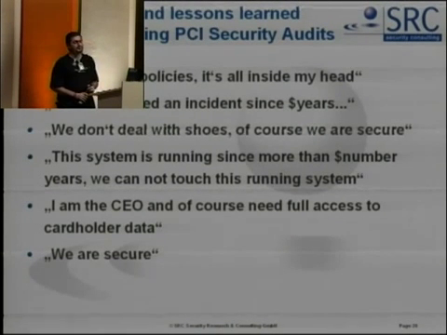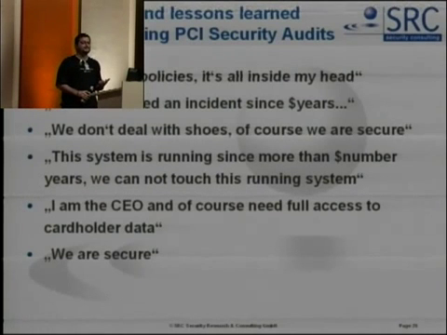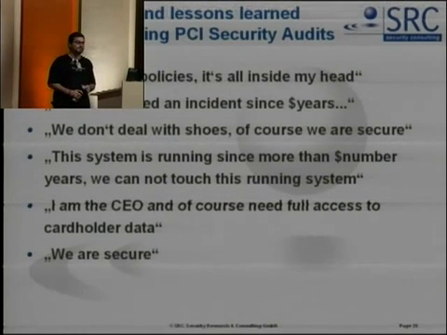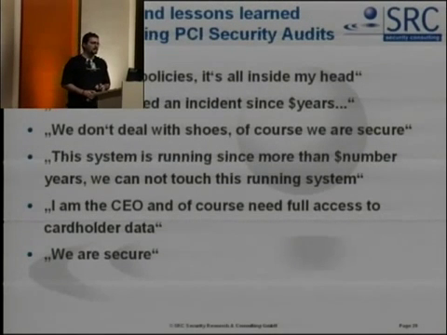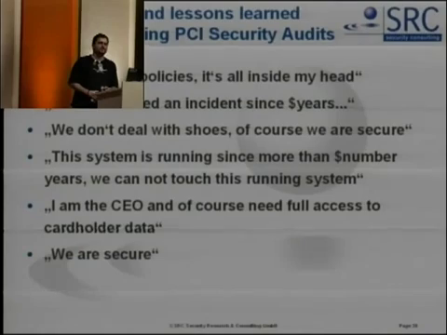An interesting statement, if you come to the business need to know to access full card numbers, is when you check the account of a CEO, you see that he has full access to full card numbers. And if you ask for the business purpose, the statement is, I'm the CEO and of course I need full access to cardholder data. It's mine.